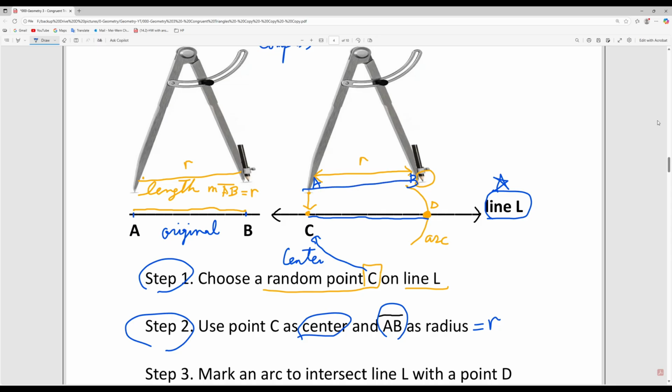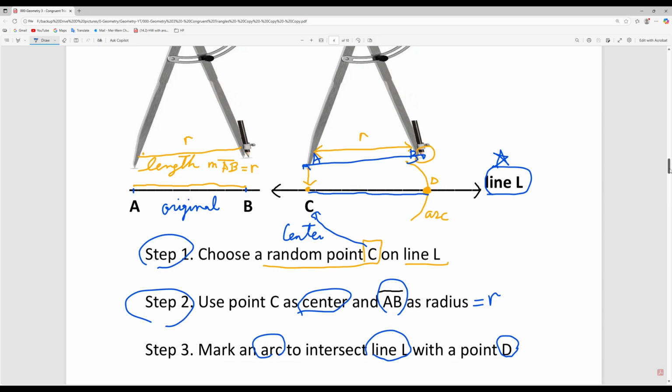Okay. Now you mark an arc and intersect with line L at point D. Then we are done. So please practice on your own piece of paper, and then we can keep going to the next one.